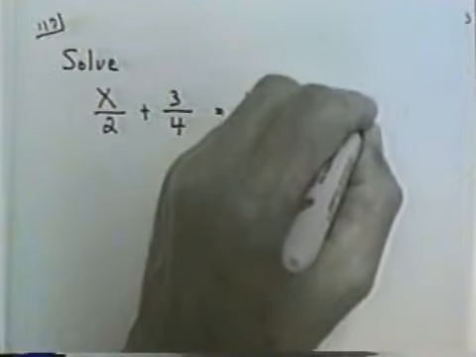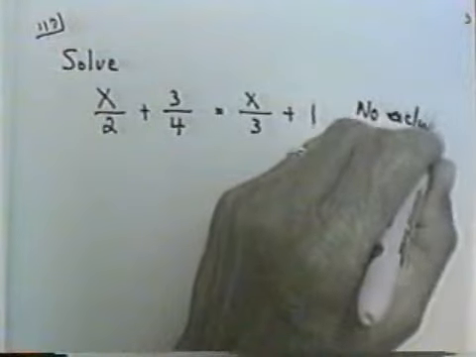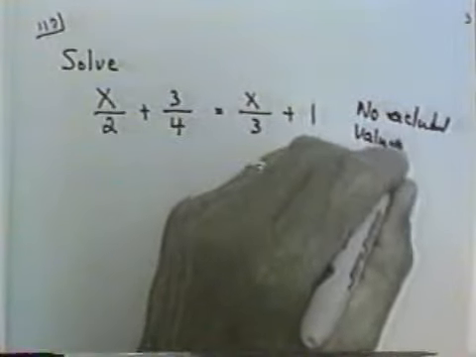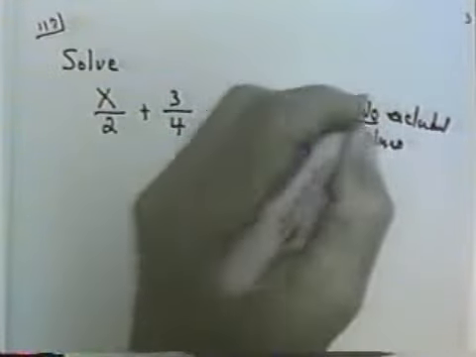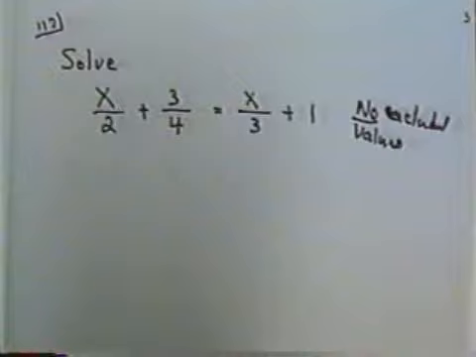There are no excluded values. The reason we have no excluded values is that I'm not dividing by a variable. I'm dividing by 2, 4, and 3. None of them are variables, so we do not have excluded values.